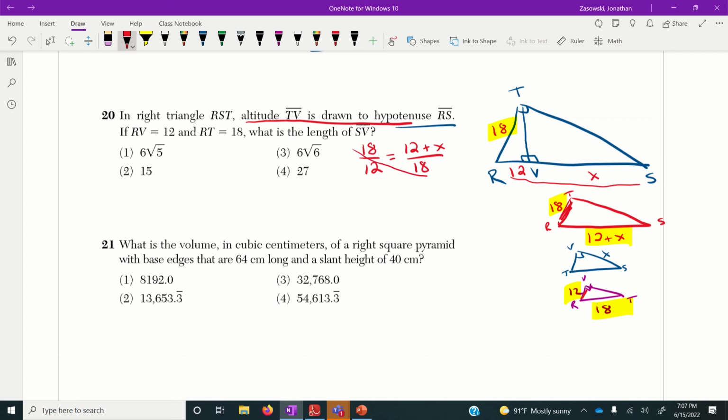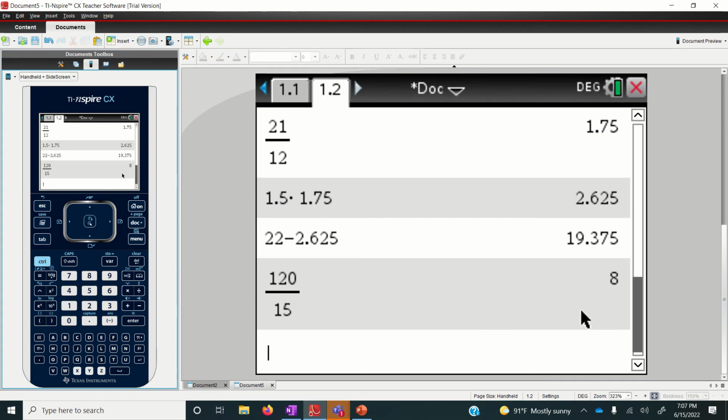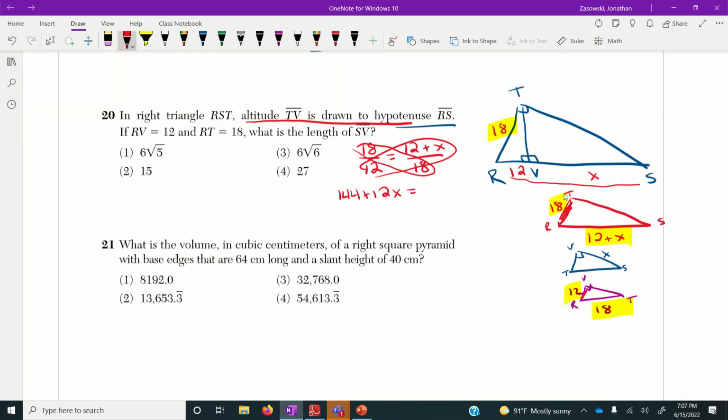Cross multiply. So we get 144 plus 12X is equal to 18 squared. I think that's 324. Take away that 144.